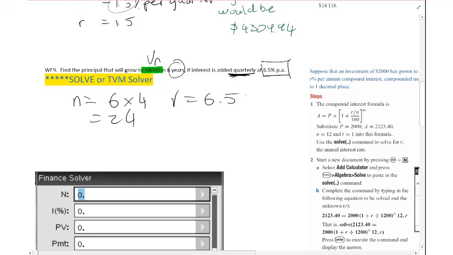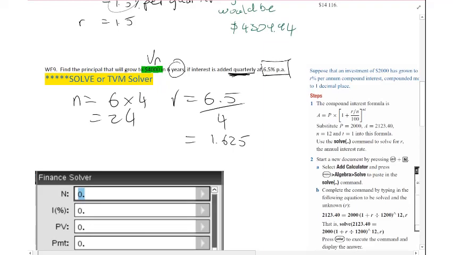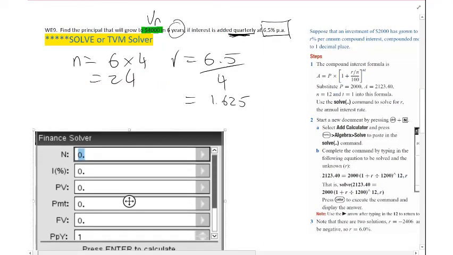So I go 6.5 divided by 4, and that will give us 1.625.